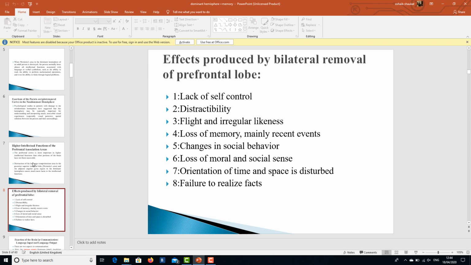The effects produced by the removal or ablation of the prefrontal lobe are these: there is lack of self-control, there is distractibility, there is loss of memory, mainly that of recent events, there is change in social behavior, there is loss of moral and social sense, orientation of time and space is disturbed, and there is failure to realize the facts.